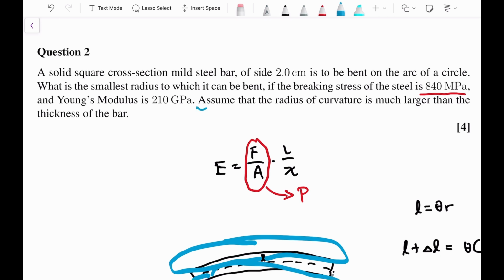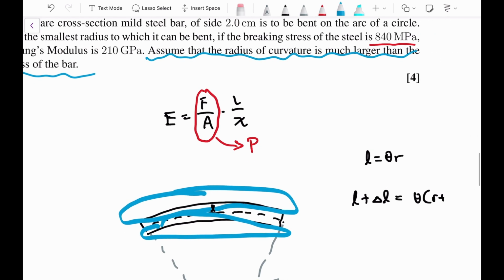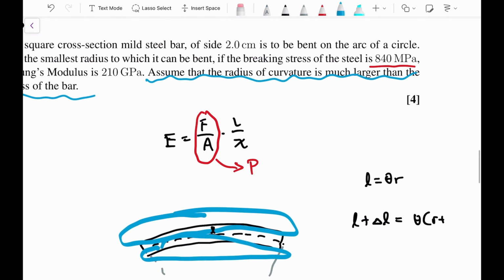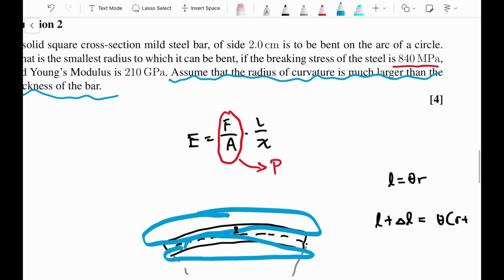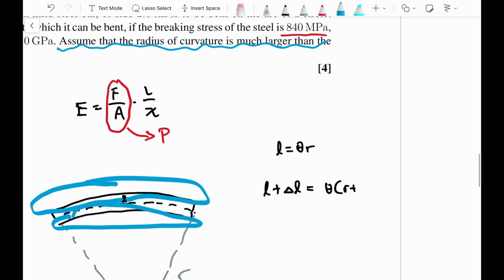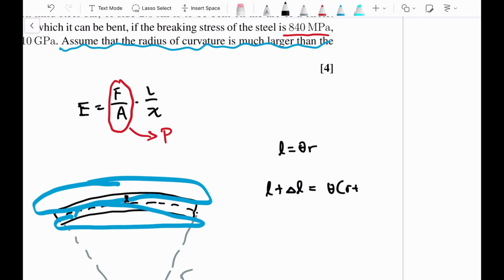We might use this information later in the question, but I'm not sure right now. The thickness of the bar is 2 centimeters. However, it's measured from the center, so it's half of it, so that's 0.01 in meters.